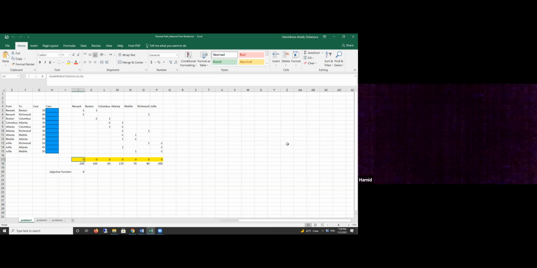So whatever sits in that cell should be greater than -200, or the absolute value should be less than 200, because you cannot send more than 200 cars. So what about 100? This is the Boston demand. So whatever happens to that yellow cell should be more than 100. It cannot be less than 100.